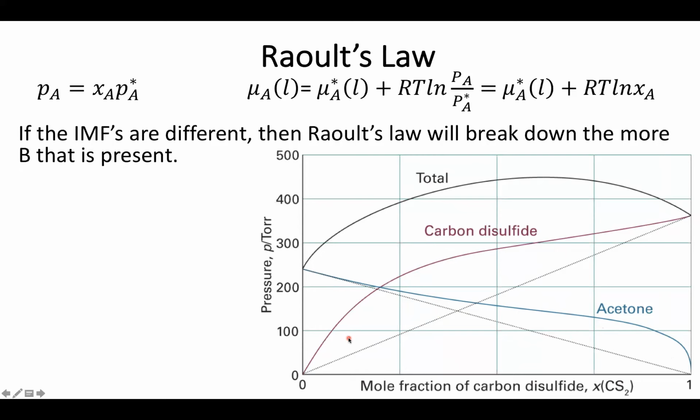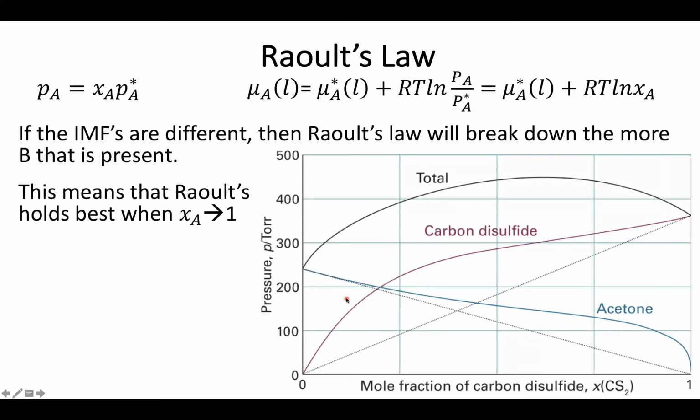I'm going to go ahead and get out of town, and it's going to become more volatile. And this essentially is a fairly uniform scenario, that a system is going to behave most according to Raoult's law when it's the only thing present. So thus, carbon disulfide is going to behave closest to Raoult's law when it has the dominant mole fraction, and the same thing here for acetone.